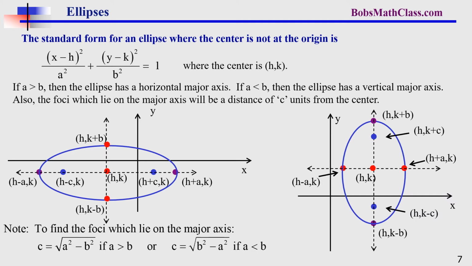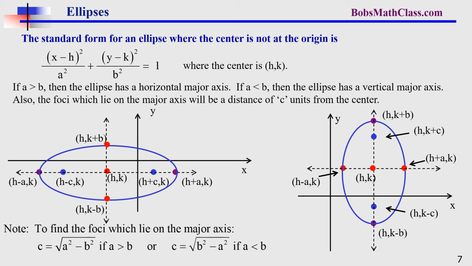The vertices are (h + a, k) and (h - a, k). The endpoints are (h, k + b) and (h, k - b).